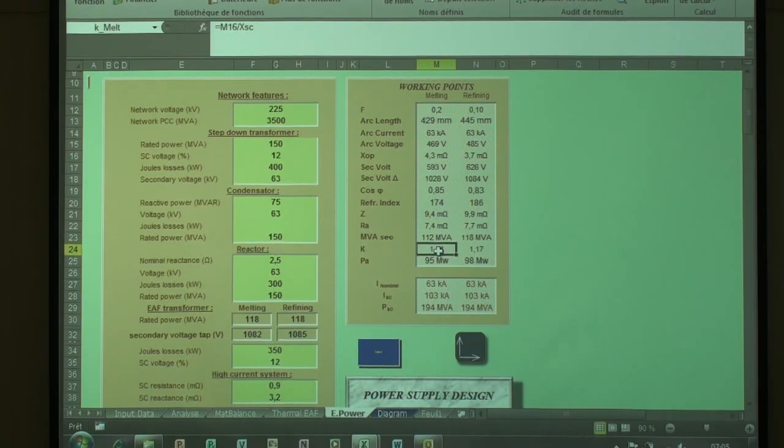The key factor is this one here, defined by the formula we have seen initially in the previous sheet. The secondary voltage is given by the impedance calculation either.